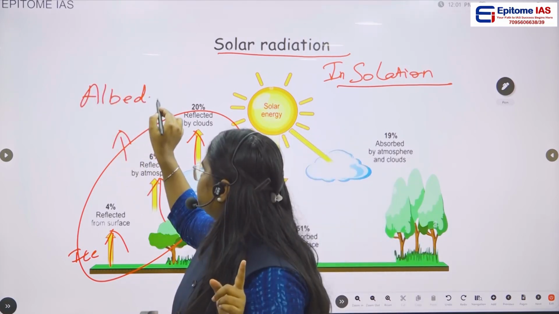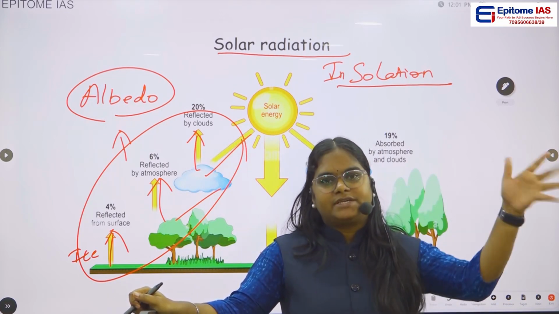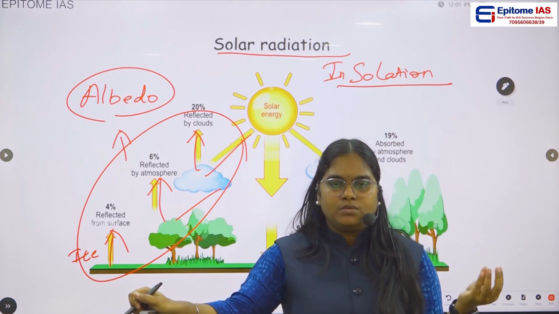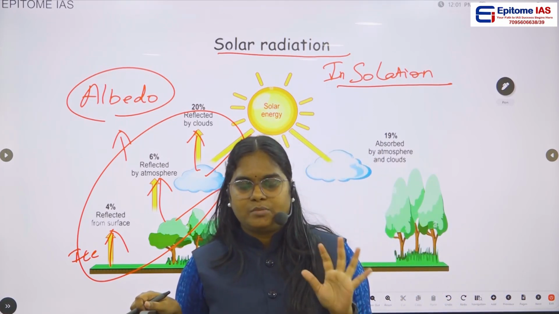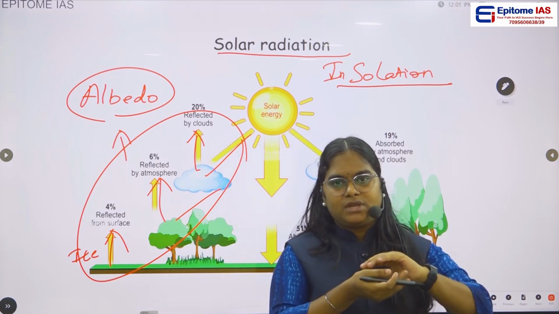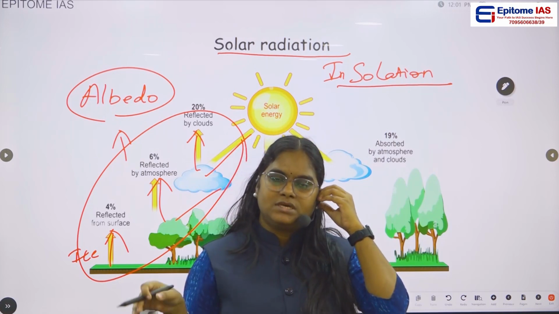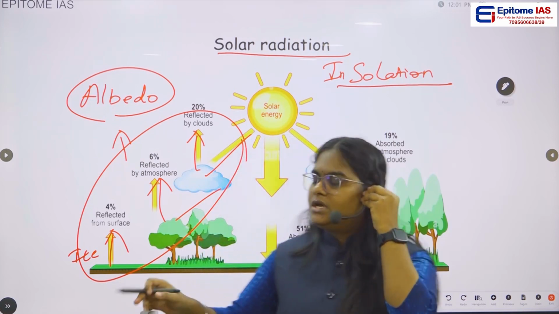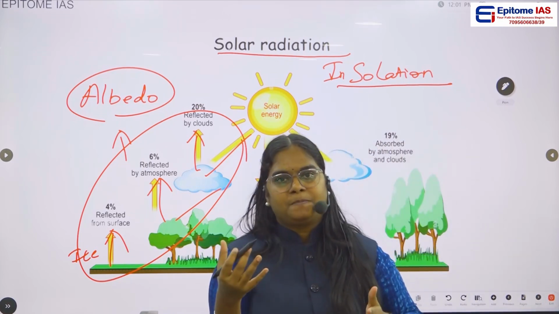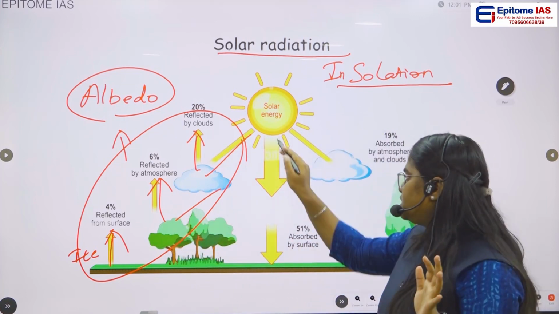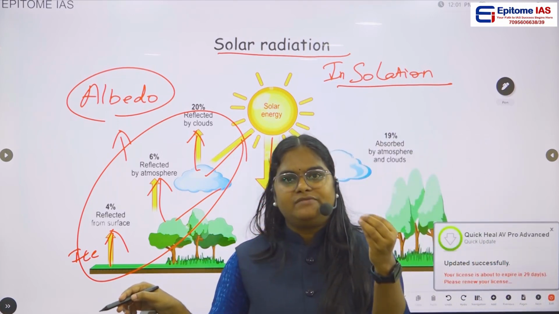So what is this albedo effect? The incoming solar radiation which is reflected back either by the clouds or by the ice caps or by the glaciers, whichever the cause is, no matter, whichever incoming solar radiation is reflected back to space is called the albedo effect. And some is scattered and some is absorbed by the atmosphere, and the total radiation which actually reaches the Earth's surface is only 51 percent.